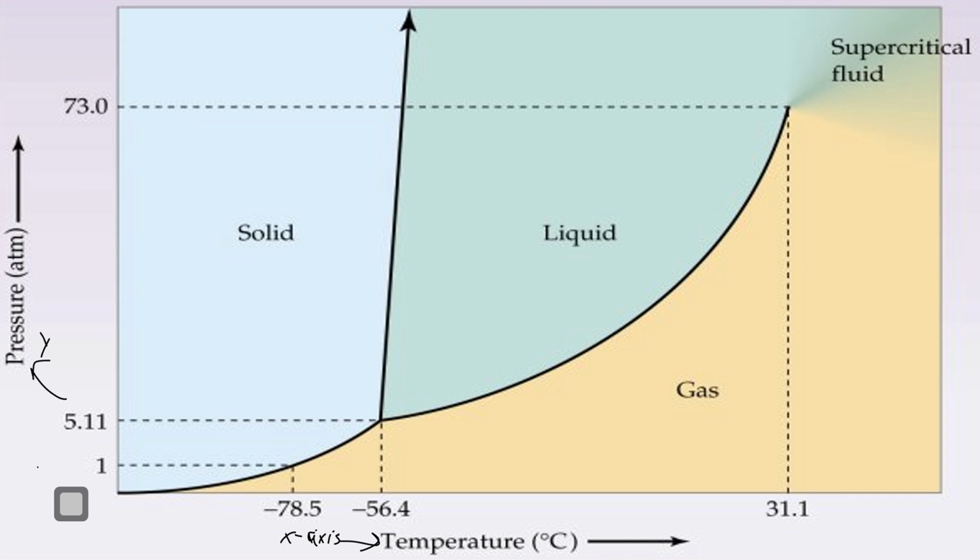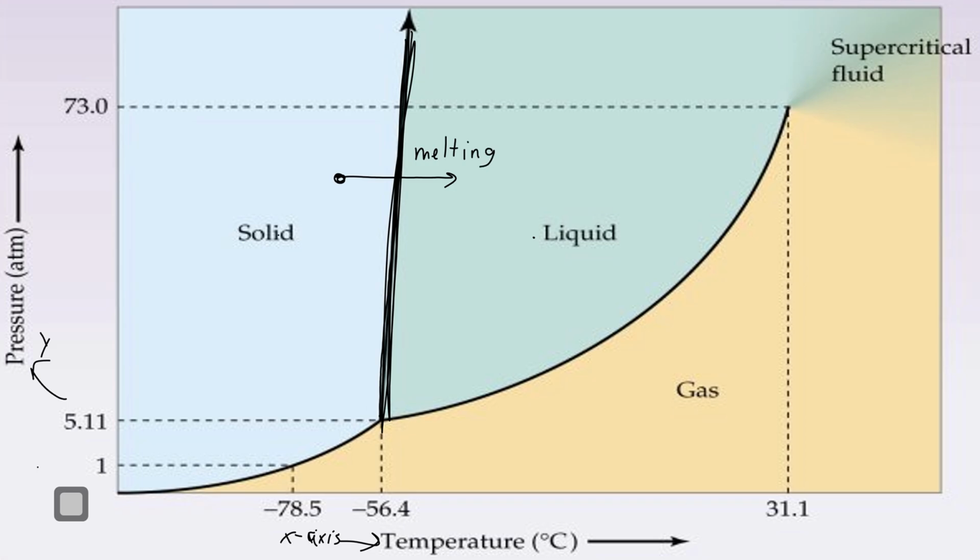Now, a little bit about these lines. We have to understand what the borders represent. Well, this border right here that I'm drawing on is between solid and liquid. So if I travel from the solid and cross this border into liquid, what has happened? A phase change. And what phase change has occurred? That would be melting.